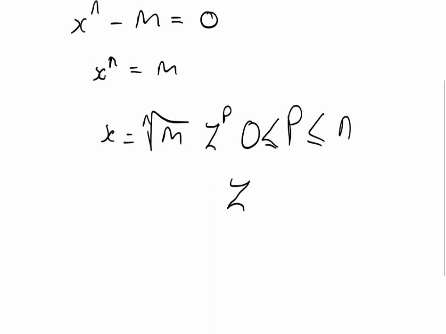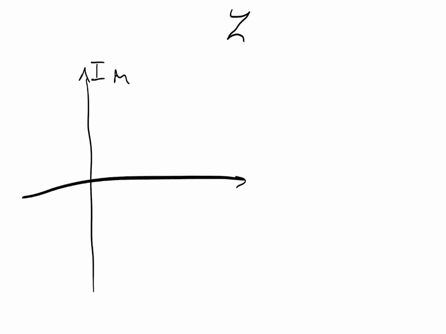So what that really means is that if you were to represent this on an Argand diagram, you would get, so for example, the square root of 1. So root of unity means root of 1.